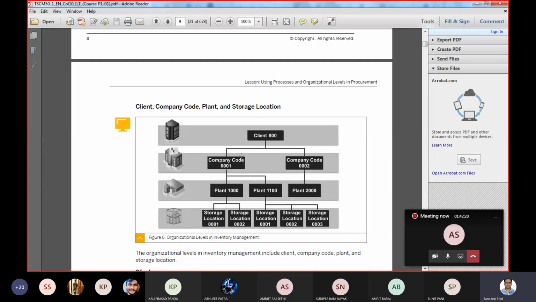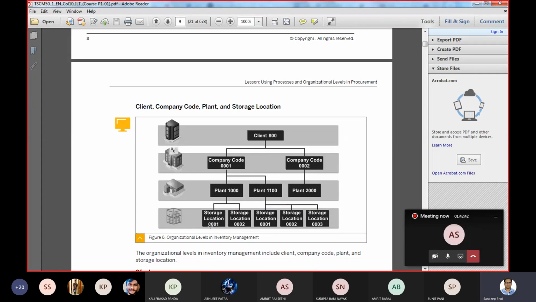Every company must have a certain plant, and every storage location is unique within the plant. You cannot use storage location 0001 twice for the same 1000 plant.